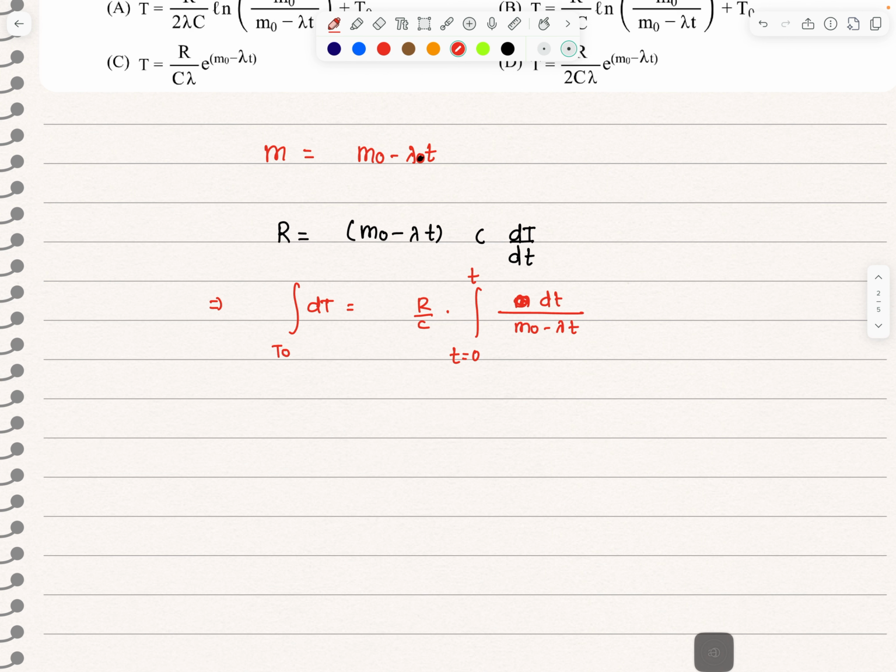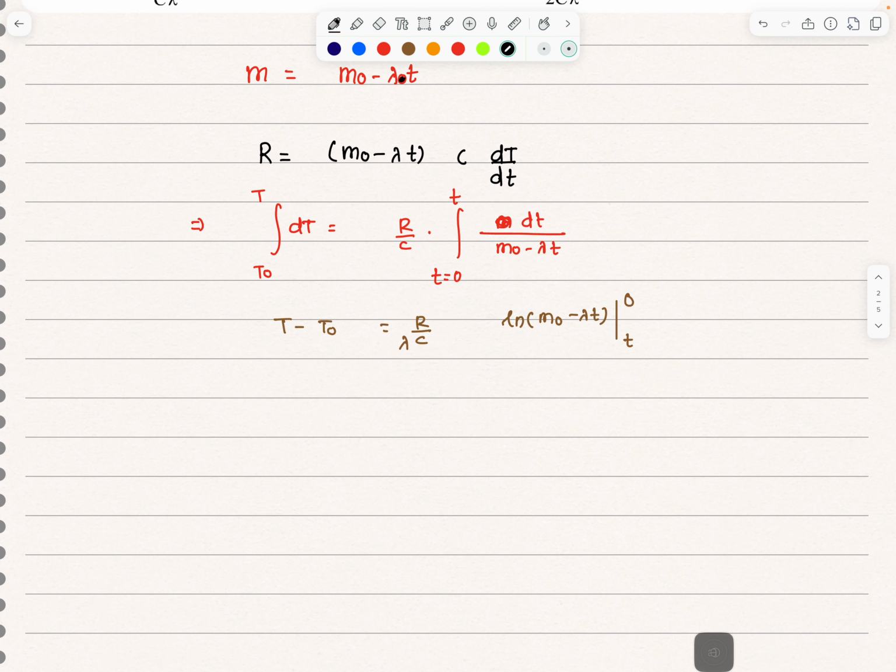At an instant of time, the temperature is T. So we can write T minus T0 equals R by C ln of m0 minus lambda t. We have to divide by minus lambda basically, but we are changing the limit from t to 0. So this minus sign is compensated.